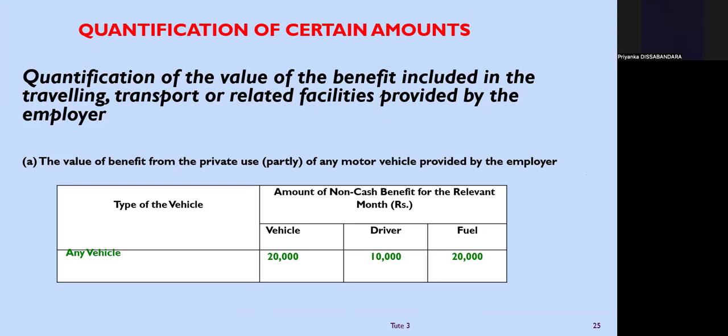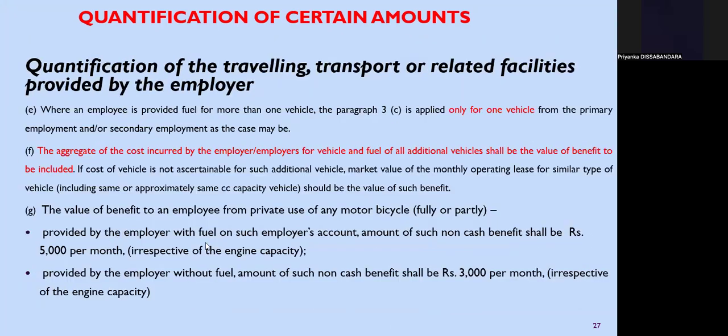In the earlier circular, we considered engine capacity for the calculation of vehicle benefit. If it is a motor vehicle, we have to consider 5,000 per month.